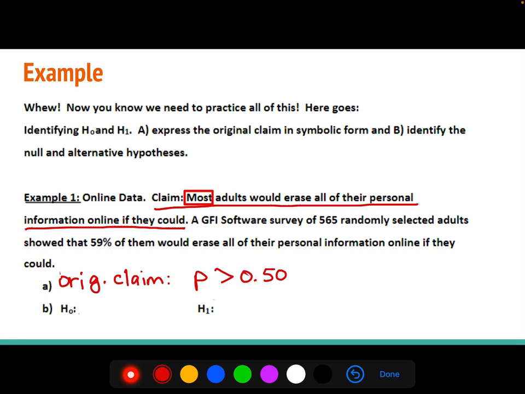Now, our H0, I told you the null hypothesis is always equal to. So, P equals 0.50. That's our null hypothesis. And since our claim is, we said most, that's greater than, so our H1 or our alternative hypothesis is P is greater than 0.50.